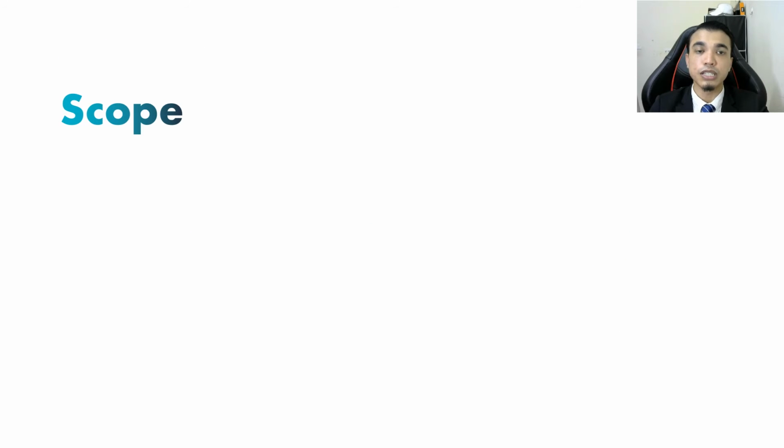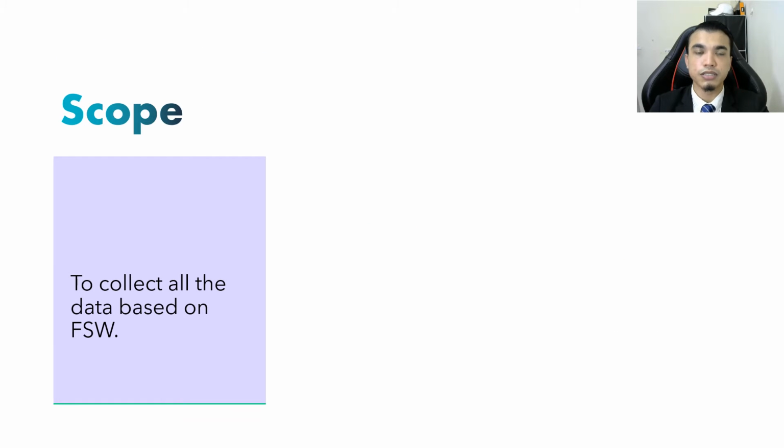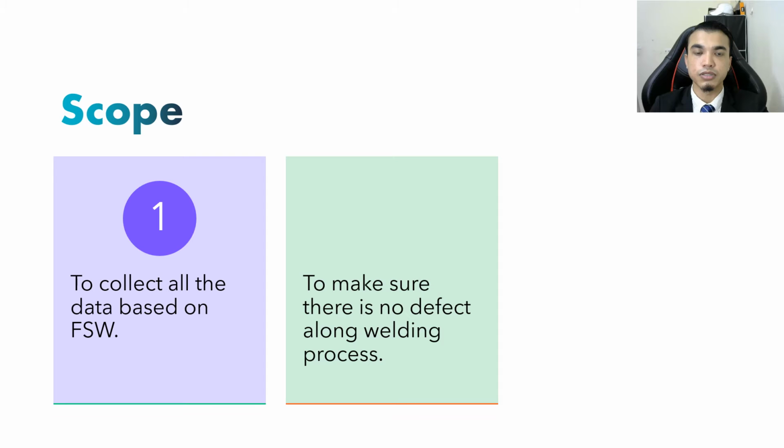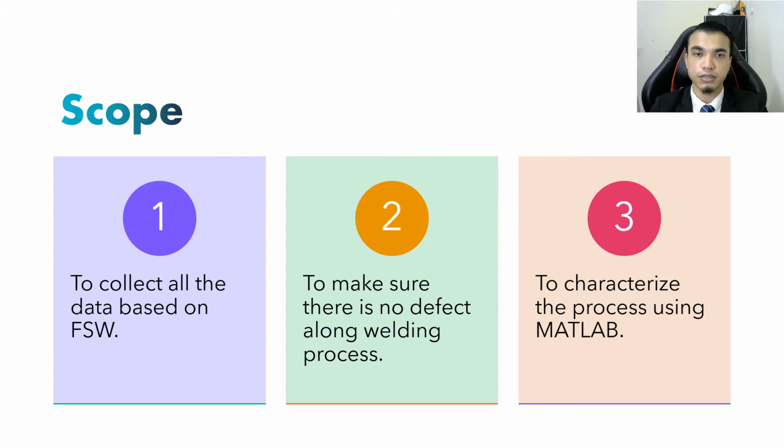The scope in this project is to collect all the database on friction stir welding. I also want to make sure there is no defect along the welding process. And lastly, I want to characterize the process using FFT in MATLAB.